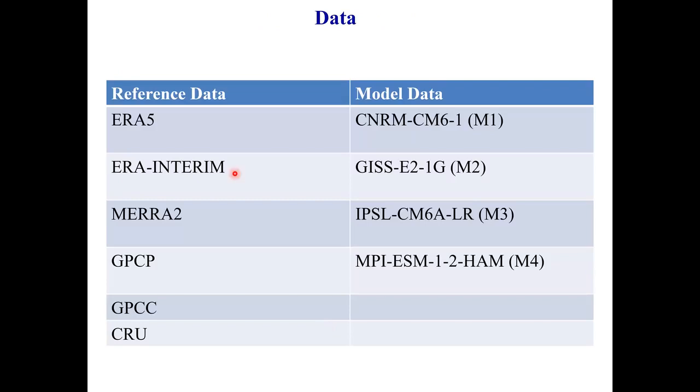So quickly, these are the data sets that I use, ranging from reanalysis to observational gridded data sets. And here I present only 4 models to you. These are the names of the models, but I have shortened them into model 1, model 2, up to model 4.